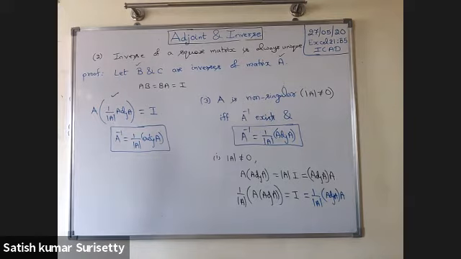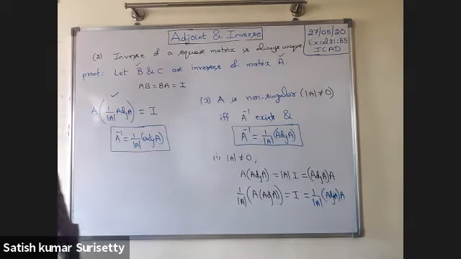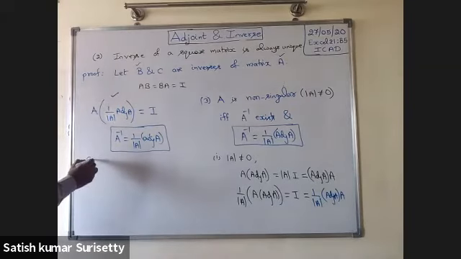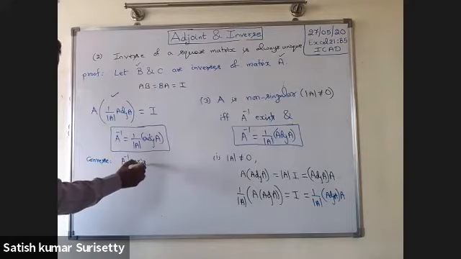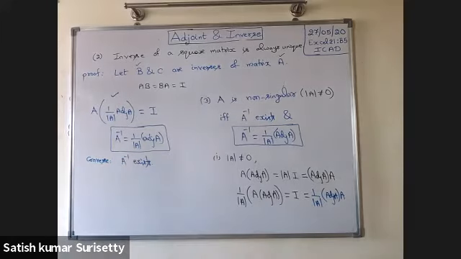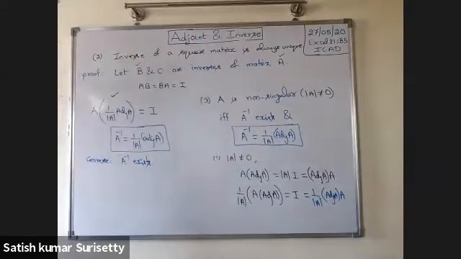Now, what about the converse? For the converse here, A inverse exists. Means A inverse equal to 1 upon determinant of A into adjoint of A exists.